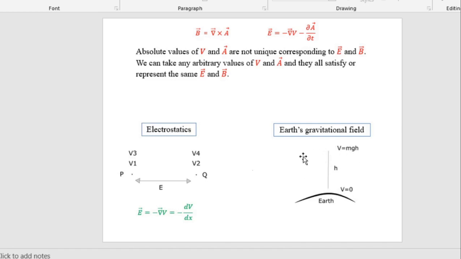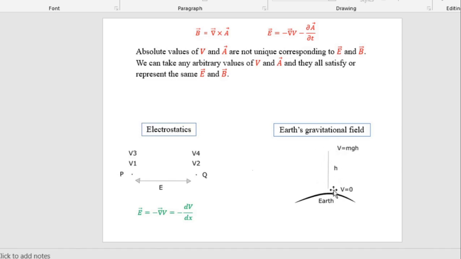So what we can see from this example is that there is arbitrariness in the choice of this potential energy. That means we can choose the potential energy on Earth's surface as V is equal to 0 as well as some other non-zero value, say V naught. Okay. That means whatever absolute value of these potentials we choose, it will not affect the physical problem.